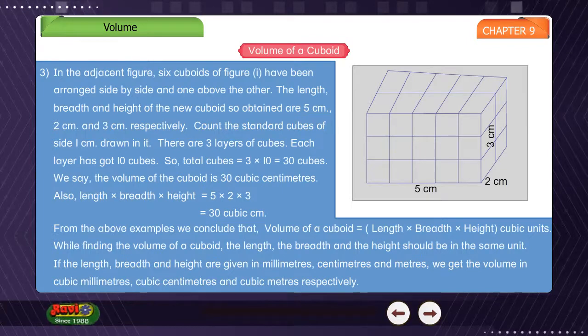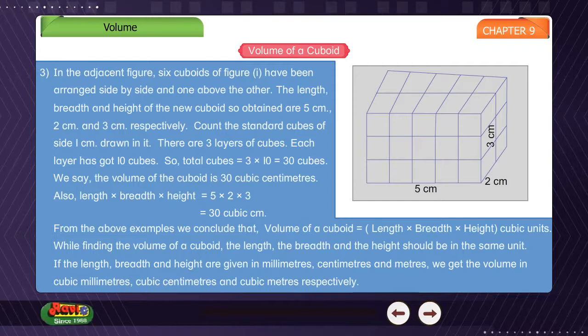Each layer has got 10 cubes. So, total cubes is equal to 3 into 10, which is equal to 30 cubes. We say the volume of the cuboid is 30 cubic centimeters. Also, length into breadth into height is equal to 5 into 2 into 3, which is equal to 30 cubic centimeters.